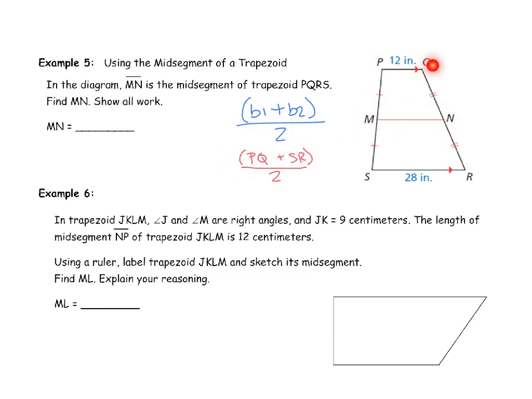So in this case, it's PQ plus SR divided by 2. So if I plug that in, PQ, according to here, is 12, plus SR is 28, and I would divide that by 2. 12 plus 28 is 40, 40 over 2, so 40 divided by 2 is 20. So we would know that MN is 20 inches.